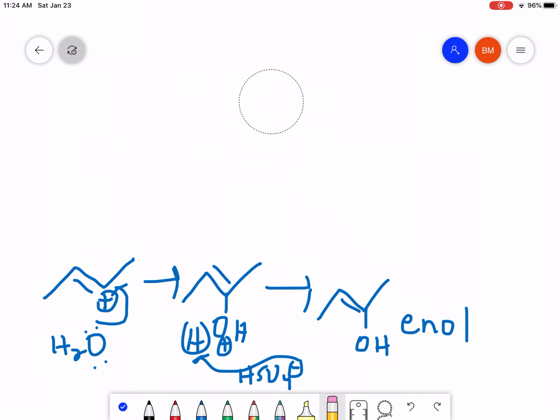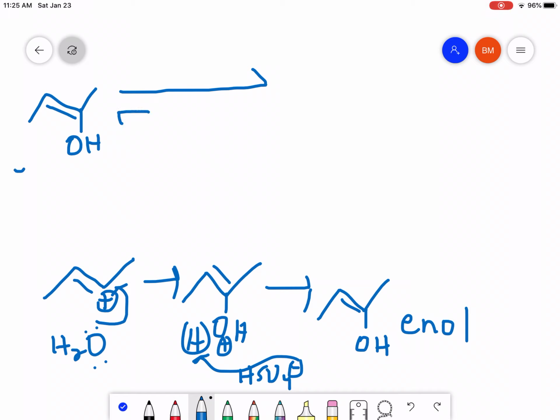Because I'm running out of room, I'm going to erase this part here so I can do a little side discussion up here. I'm going to redraw this. Enols are not very stable. And like I said, they tend to enter into an equilibrium with, for lack of a better description, a rearranged version of it.